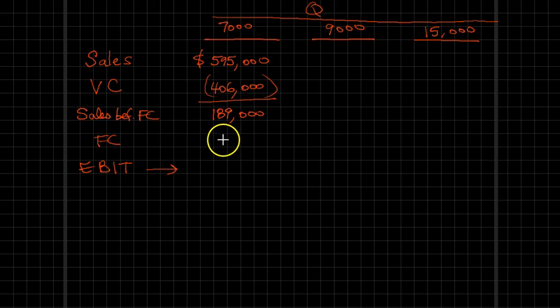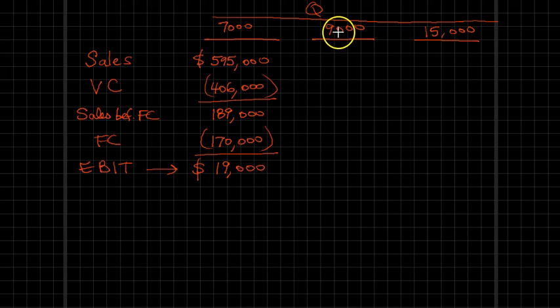And fixed costs, as the name suggests, is fixed. So this difference now will give us our profit level of $19,000.